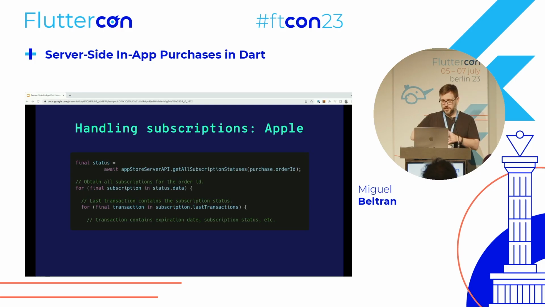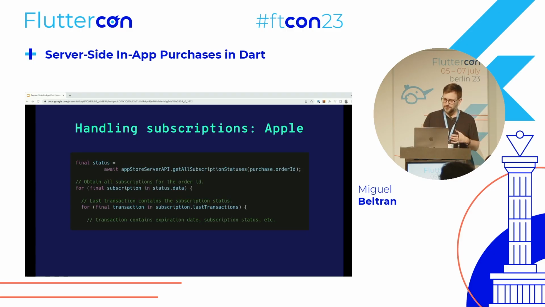Handling the subscription with Apple is actually different here. What you're doing is calling the get all subscription statuses for every active subscription that you have in your system. You call this by the order ID of the subscription, because an order ID can have multiple subscriptions in it.